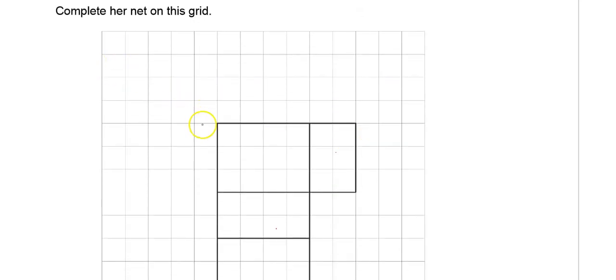Mia has only drawn 1, 2, 3, 4. So we need to draw 2 more, and we'll go for this. That is one of the missing surfaces, and then the other one is this one. When you bring this side up, this side up, this side up, and this one, then this one will go up there. So that is the shape of the net of the cuboid.